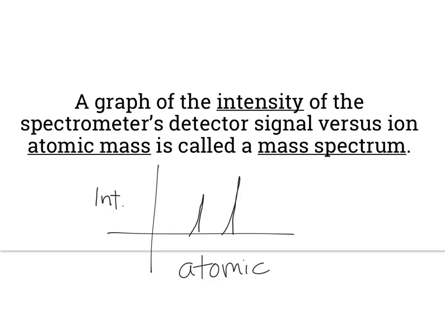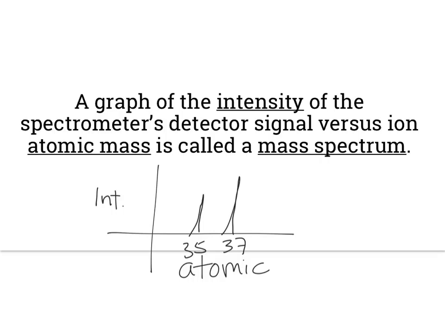More so, it's giving you the actual mass number. So what we'd see is chlorine-35 and chlorine-37. You could then get an idea of this being, I think, like 49%, and this being like 51% of the total height. And then you get an idea of the actual atomic mass of chlorine.